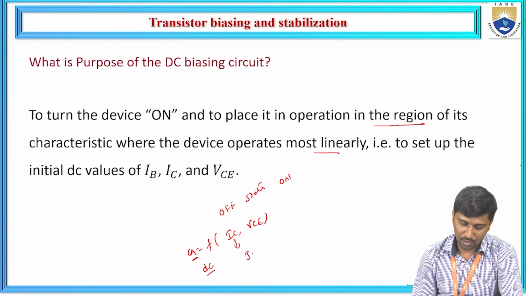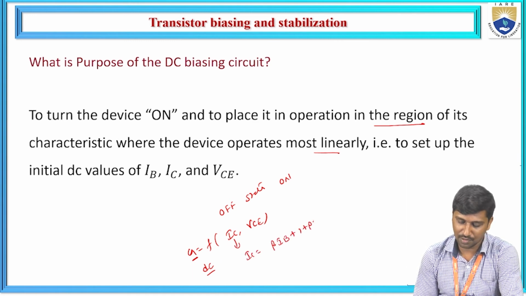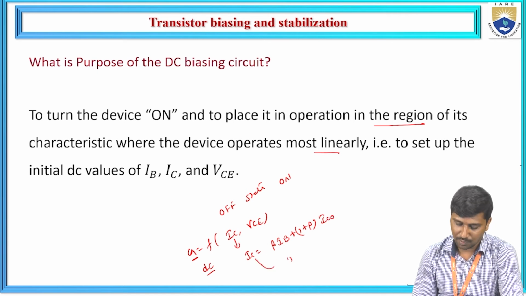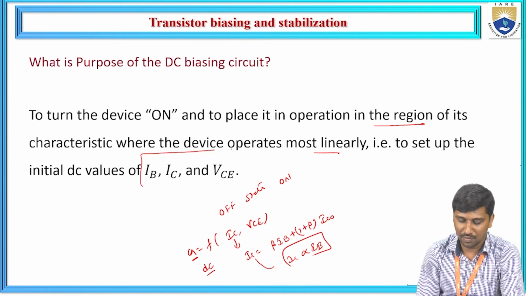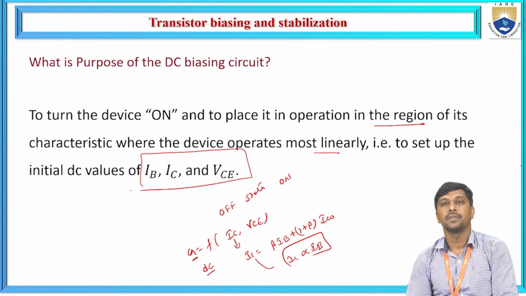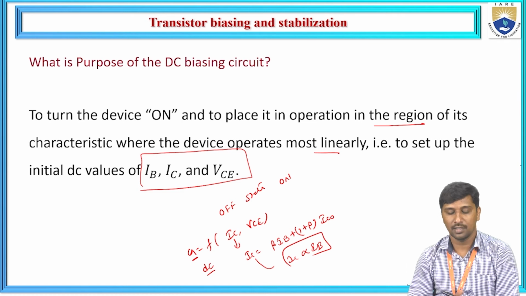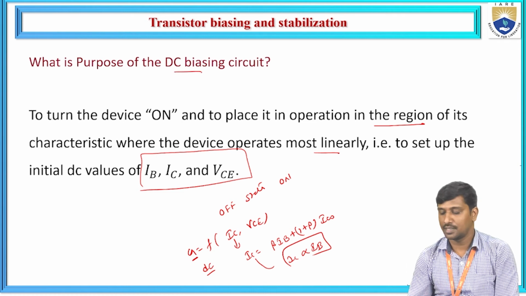If you observe IC, we know the generalized relation IC is equal to beta times (1 plus beta) times IB. So IC is directly proportional to the input current. That is the reason we need to maintain proper currents and voltages to set the proper operating point, which can be done through the DC biasing circuit.